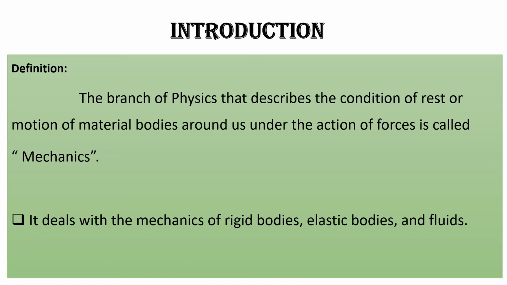So the rest or motion condition of the object is described by the action of external forces on it. That branch of physics that describes the condition of the body is called mechanics. So we can say that mechanics deals with rigid bodies, elastic bodies, and fluids.